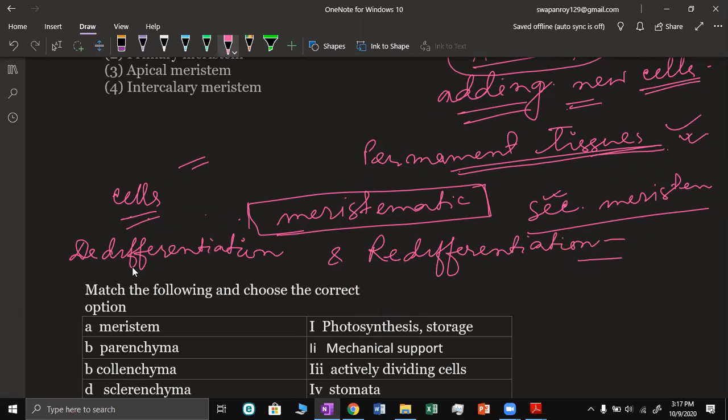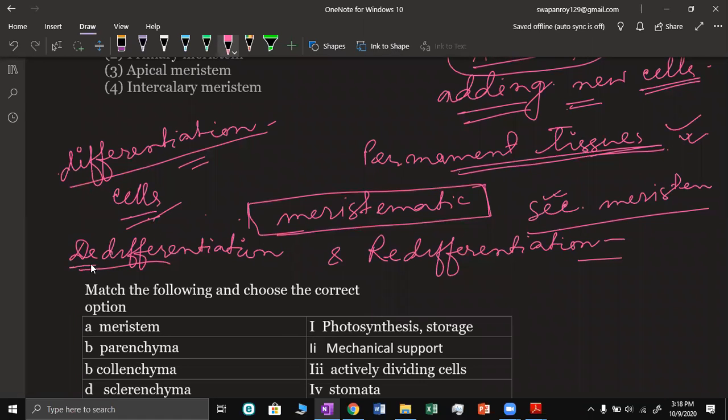Remember that permanent tissue is formed by the process of differentiation, and from this differentiation they have to come back to meristematic.